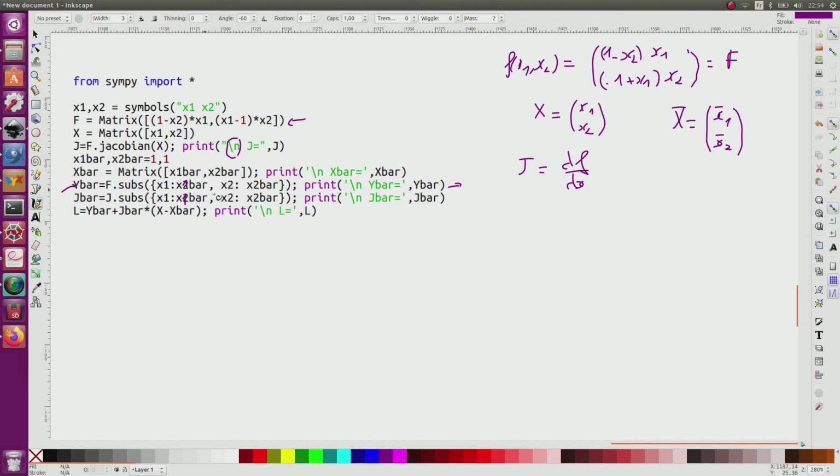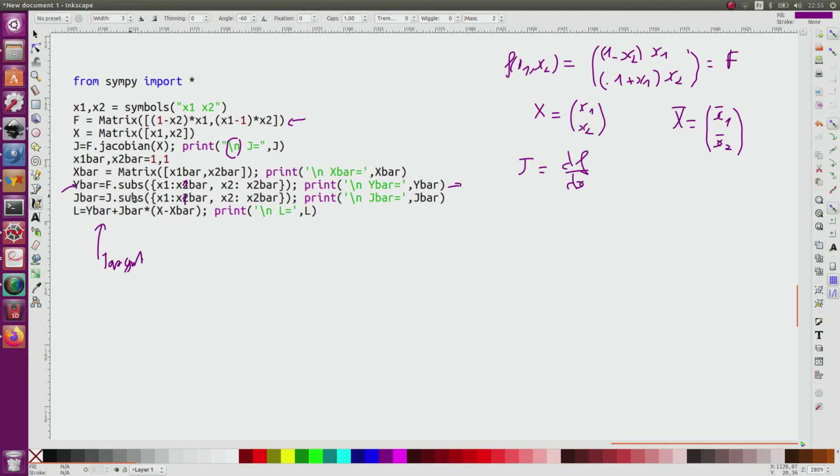Since all variables have been substituted, y bar will still be an expression, but it will correspond to a real number, or here a vector with two real numbers inside. The same for g bar. I will perform a substitution such as this one, and here, this is a linearized version. So it is a function which is defined by the Taylor method of order 1, and this corresponds to the tangent: y bar plus g bar multiplied by x minus x bar.